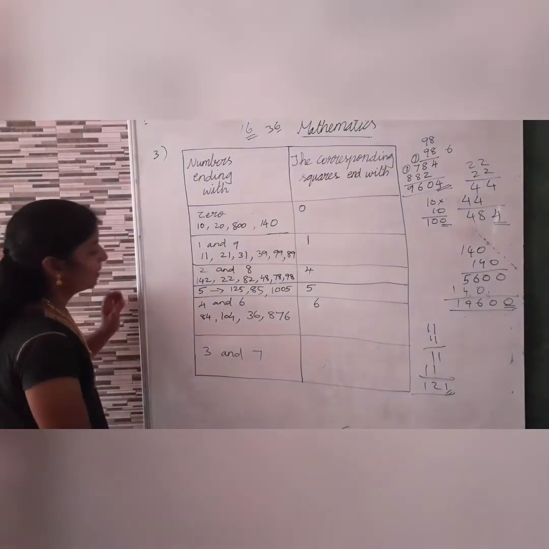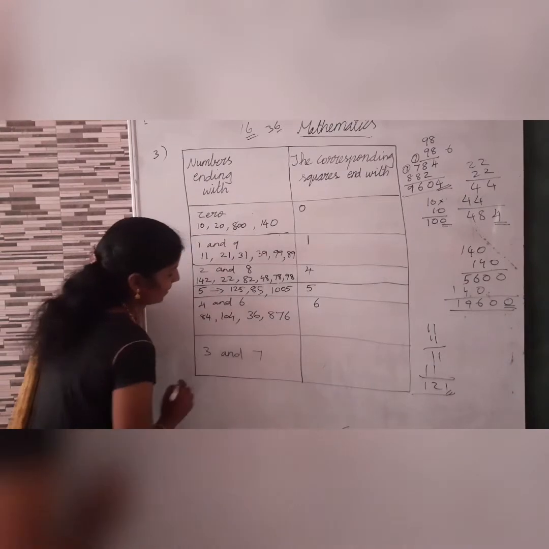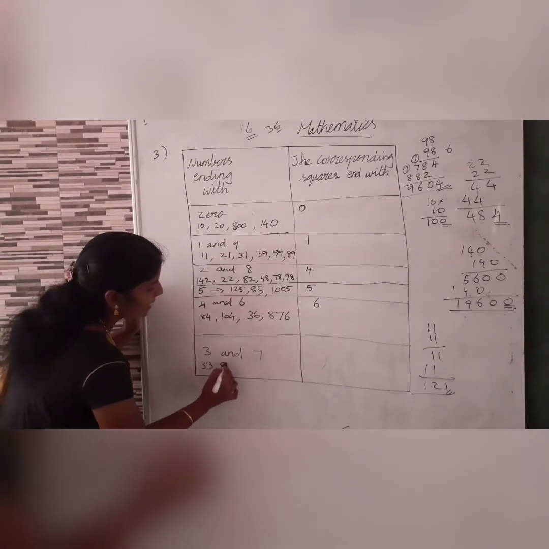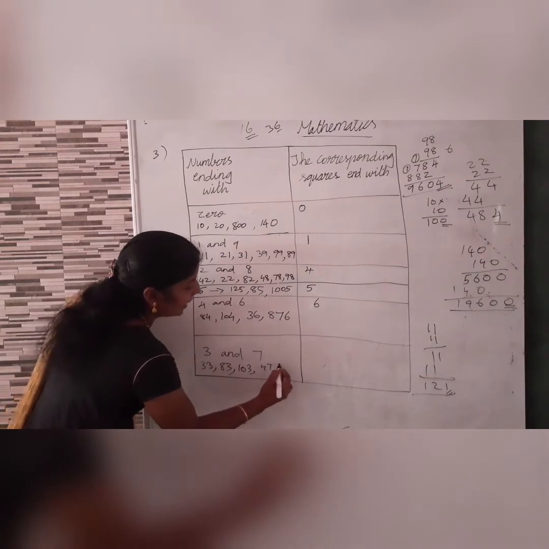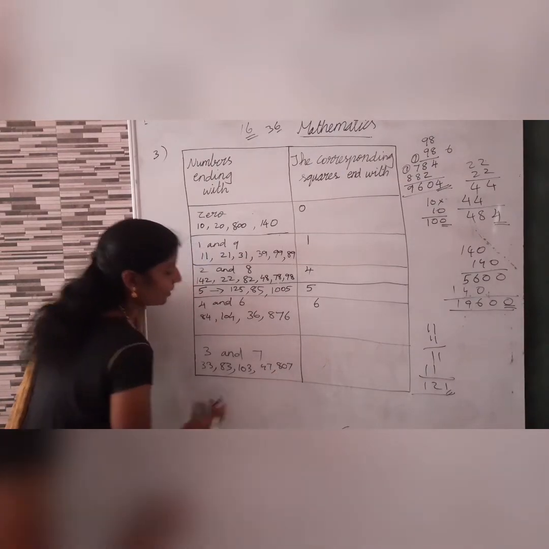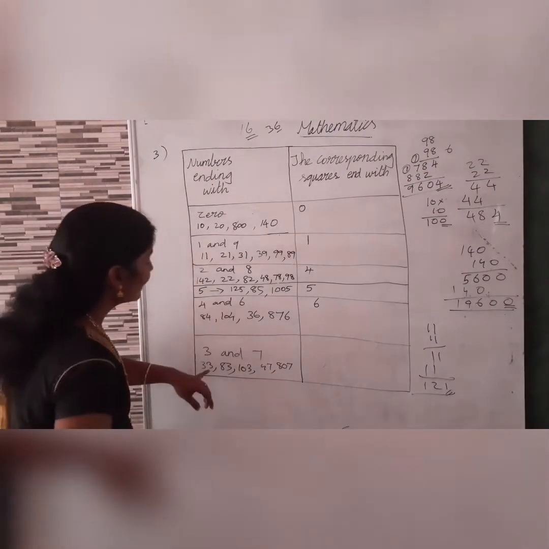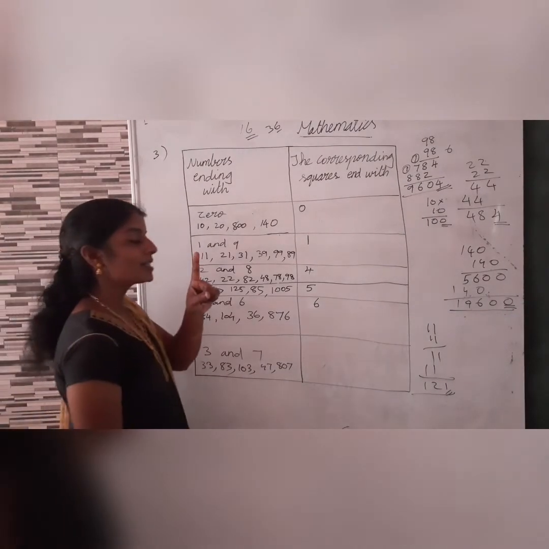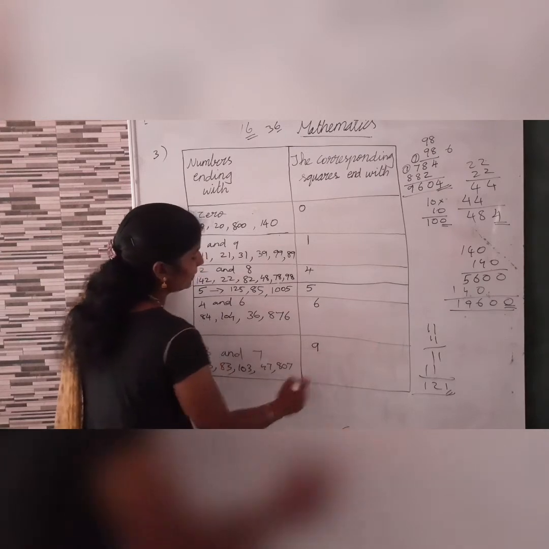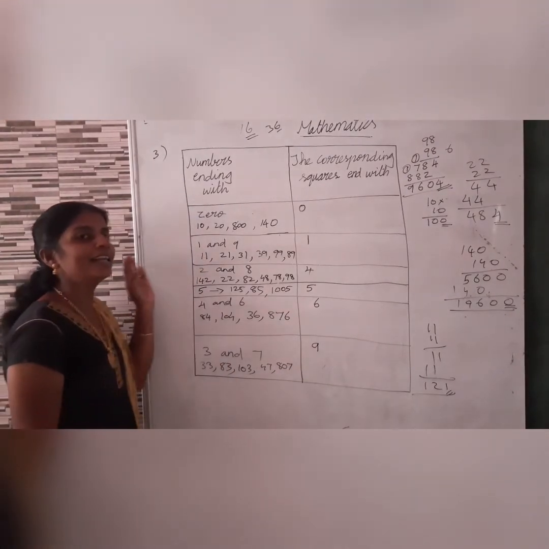Are you clear? Okay. Now 3 and 7. 33, 83, 103. Now 47, 807. Now listen. 3 threes are 9. What is the ones digit? 9. 7 sevens are 49.